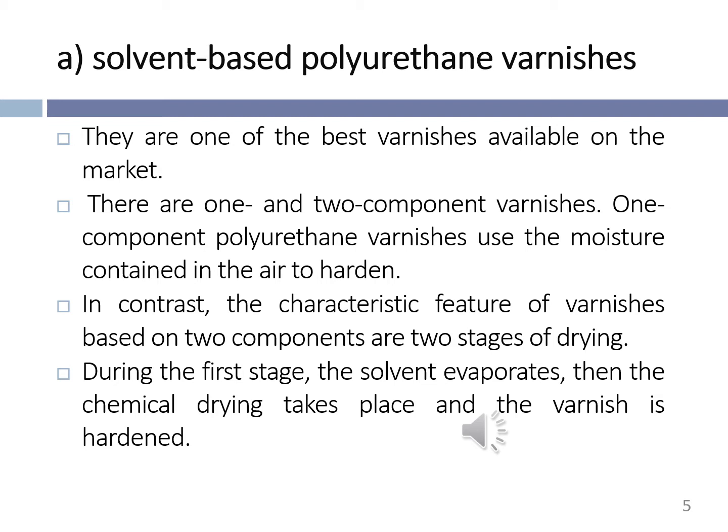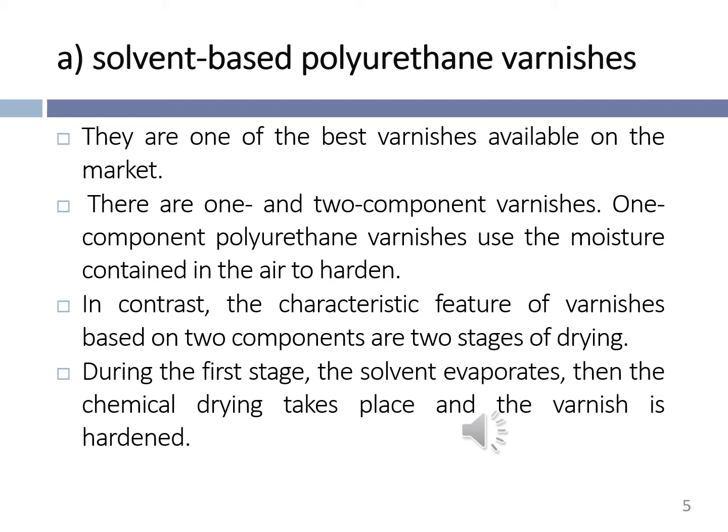There are one or two component varnishes. One component polyurethane varnishes use the moisture contained in the air to harden. These varnishes consist of one component or two components. They are called one component varnishes or two component varnishes.